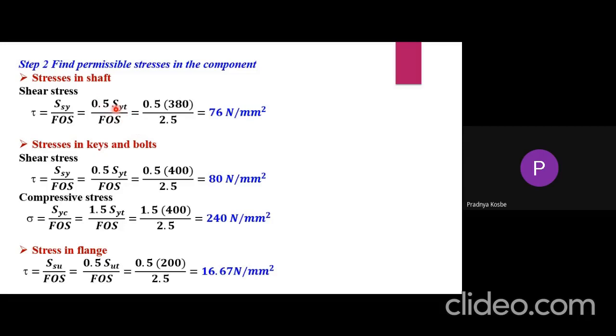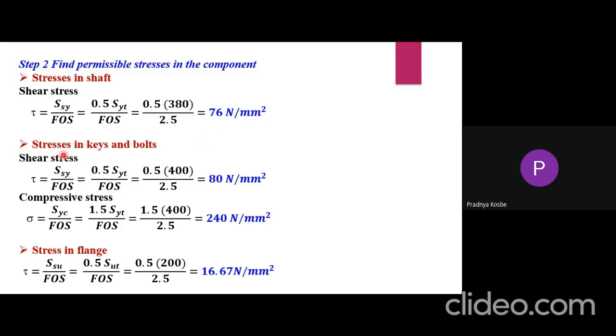If we are using distortion energy theory, it will be 0.557 times SYT. Here we take half of SYT, so 0.5 SYT divided by factor of safety. Putting the value of SYT, that is 380, and factor of safety 2.5, tau permissible for the shaft is 76 Newton per mm square.